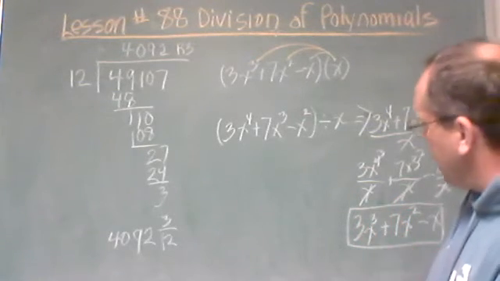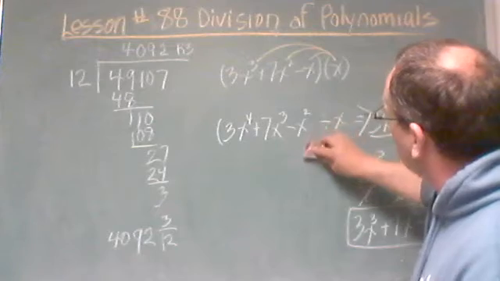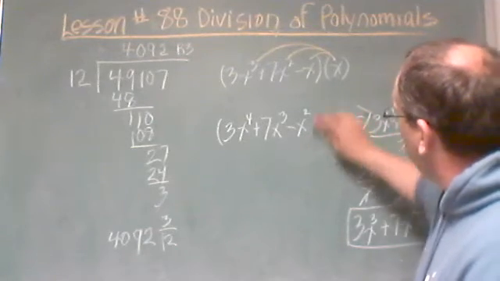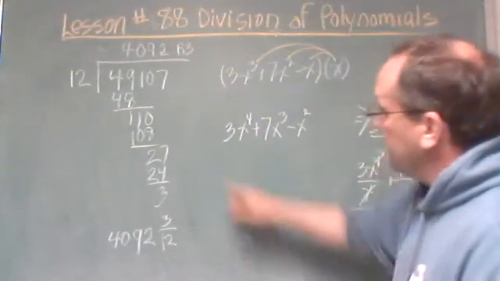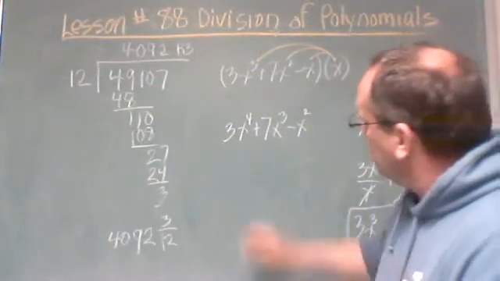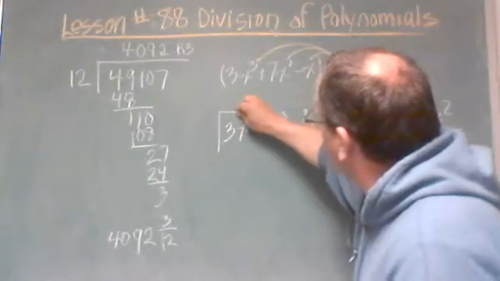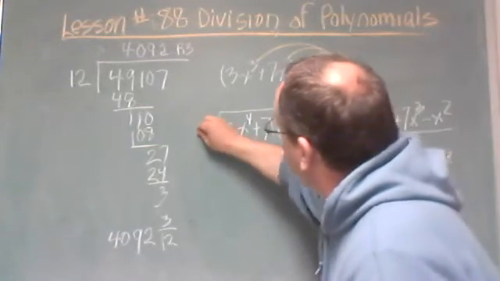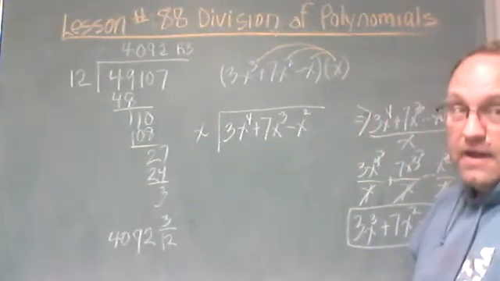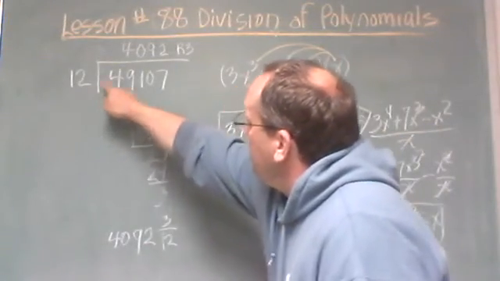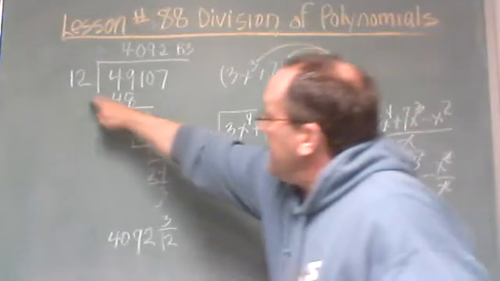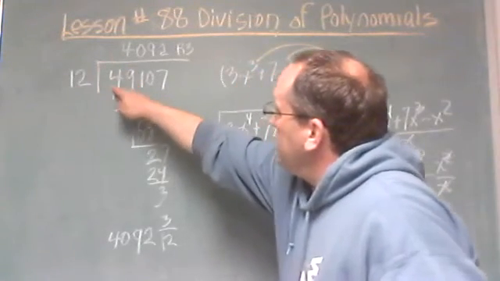Another thing I can do, instead of doing it that way, is take this division by x and express it like a long division problem. I can take a long division and put that x out here. Then, the same way as over here, 12 times what will give me 4?